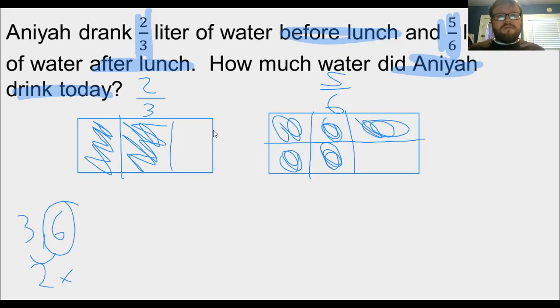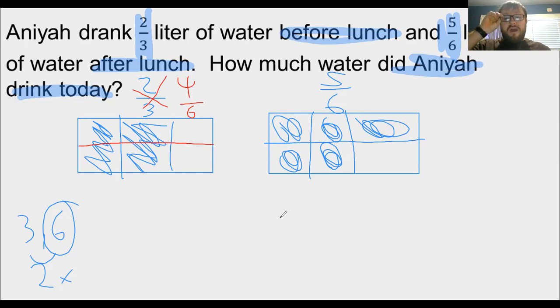Since I do it 2 times, that means 3 times 2 is 6. To get to 6, I just need to divide my thirds and cut them in half. So I draw a red line there to show that I'm taking my 2/3 and turning it into 4/6. So then I'm just gonna go up here, cross this out, and now I have 4/6.